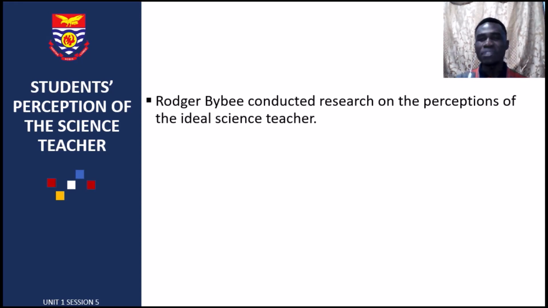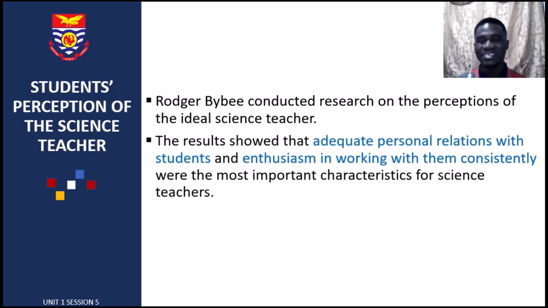Now, what are the students' perceptions about an effective teacher? Who do students see as an effective teacher? Roger Bybee conducted a research on the perceptions of the ideal science teacher, and the finding was that an effective teacher, according to the students, is one who has adequate personal relations with students and who also has enthusiasm in working with them consistently.